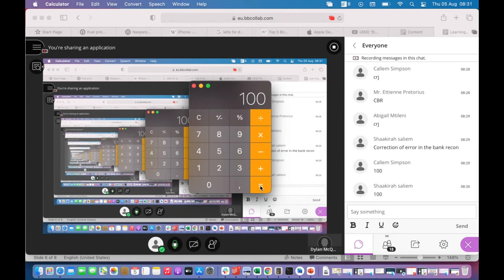So how is this going to be a positive 100 in the bank reconciliation or a negative 100 in the bank reconciliation? Thank you very much, Etienne. 100% correct. Thank you, Callum. It is a positive. All right, cool. So I'm just showing you the logic of how you arrive at whether something is going to increase or decrease, okay? Right, so we've dealt with point number 2.